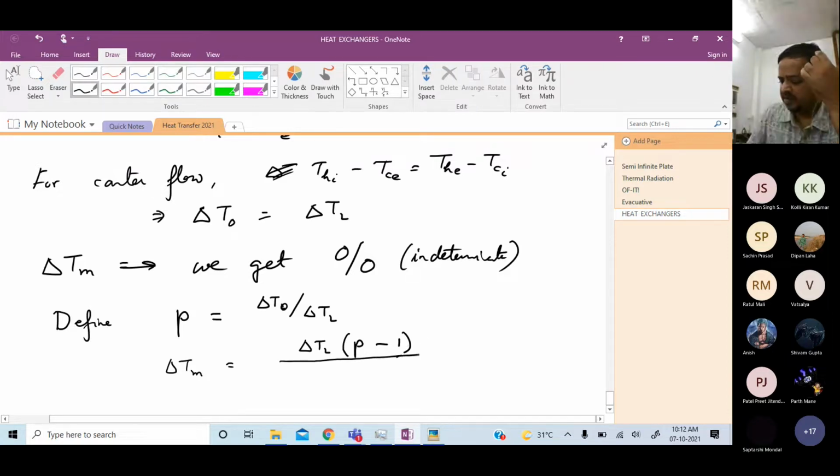divided by log of P, in the limit where P tends to 1.